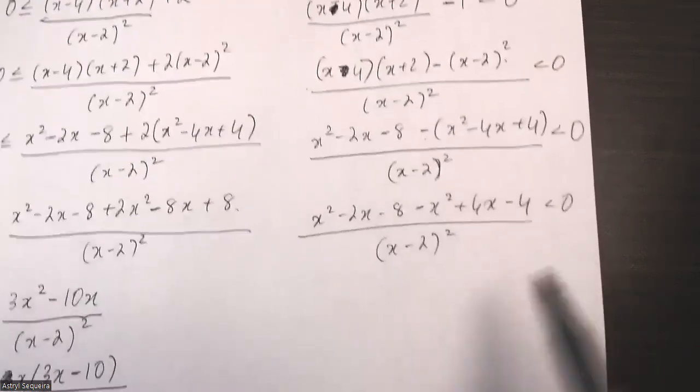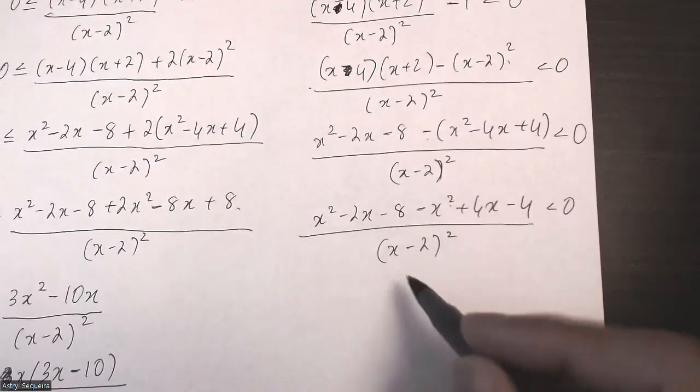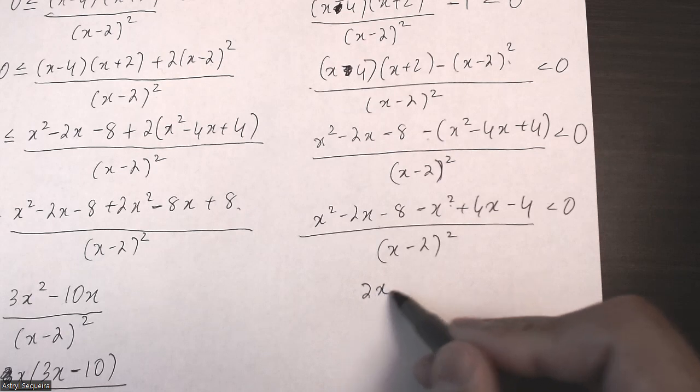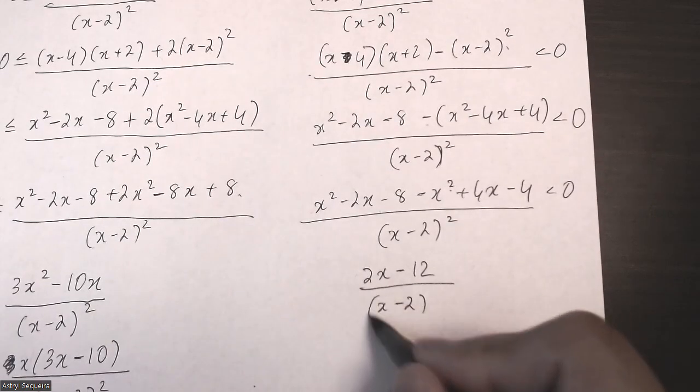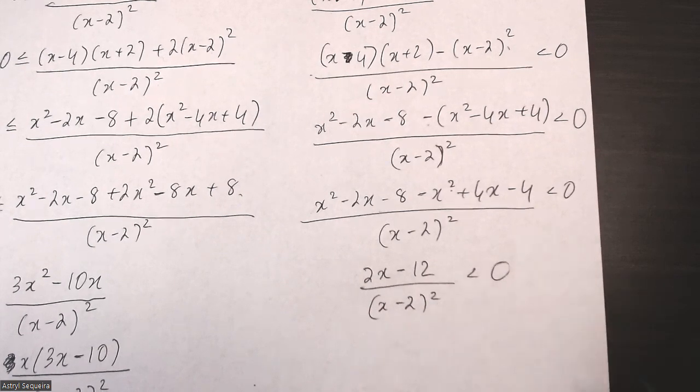I'll combine like terms in the top here. So x squared, negative x squared cancel. I'm left with 2x minus 12 over x minus 2 squared is less than 0.